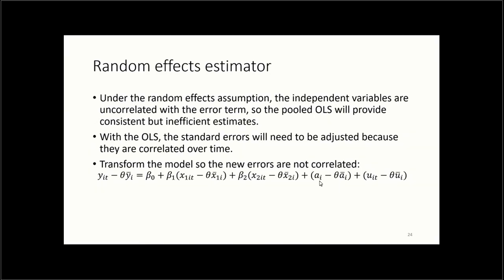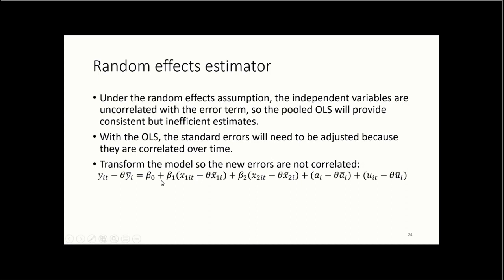So under the random effects assumptions, again, the independent variables will be uncorrelated with the error term. So the pooled OLS will provide consistent estimates, but they would not be efficient estimates. And so when using OLS, we would need to adjust these standard errors because they are serially correlated over time. So the transformation for this model would be the following. And the reason for what we're going to be doing is that the new errors would not be correlated.